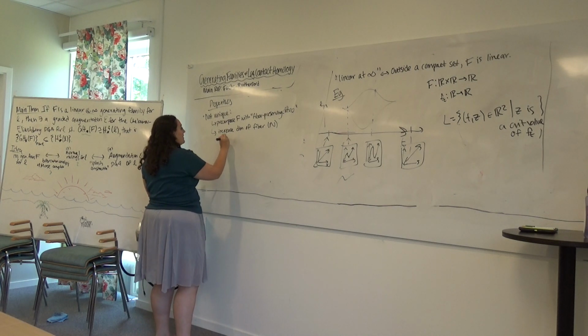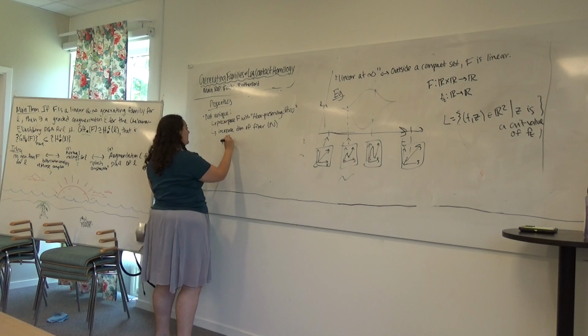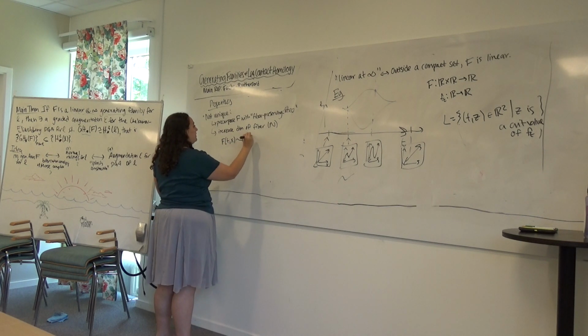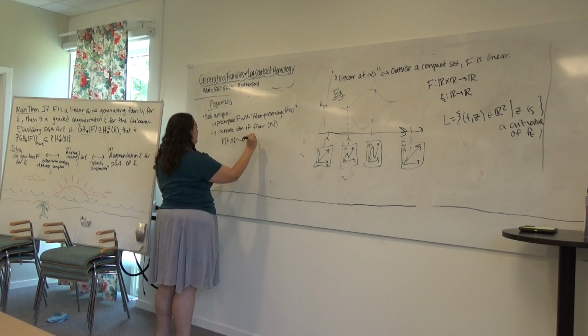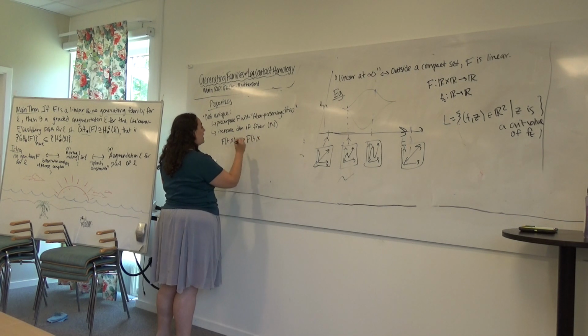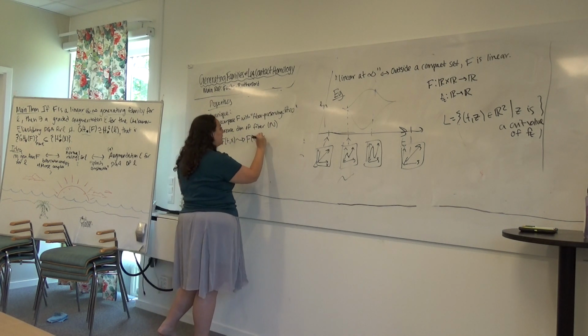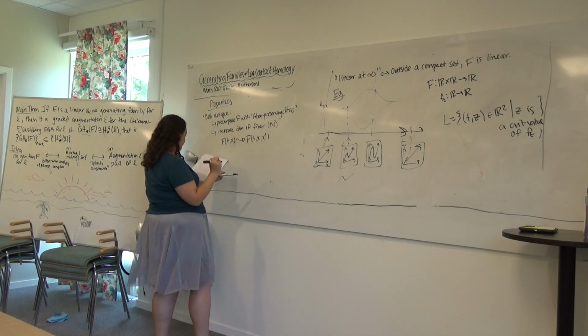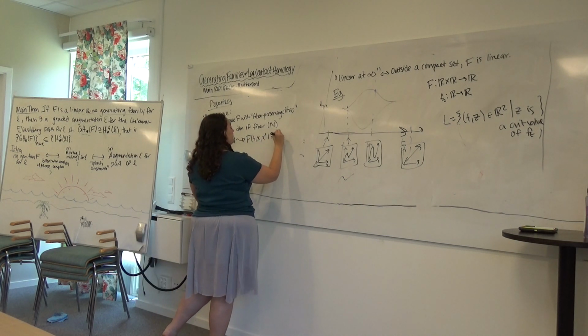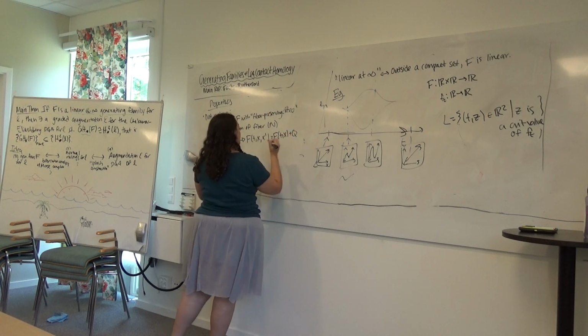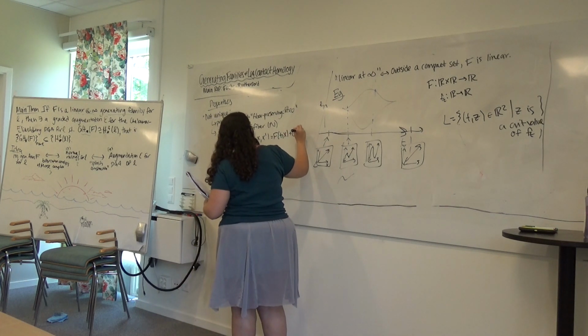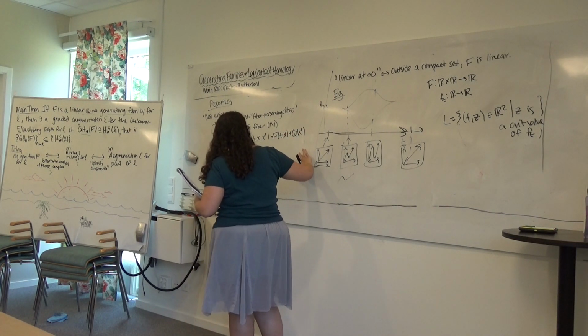So we have an f of t, x, and we're going to change it to f of t, x, x prime, which is equal to f of t, x plus some non-degenerate quadratic in the new variable.